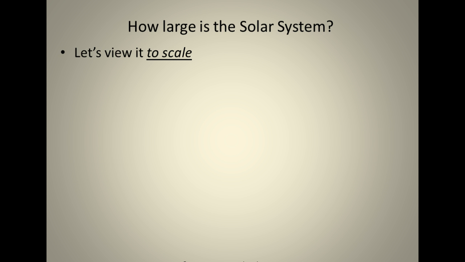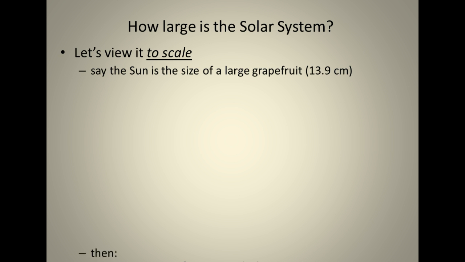Now in the diagram above, we can make the following observations. So get these in your notes as well. Let's talk about volume first. If we use a grapefruit to represent the size of our sun, then we can all agree that the planets would be smaller than a grapefruit.